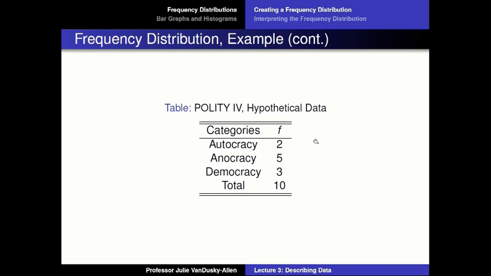In the second column, you write the letter F as the column title. Then you write the number of observations in each category and then add the total number of observations at the bottom. As you can see, there were 2 autocracies, 5 anocracies, and 3 democracies in this data set for a total of 10 observations, which you write at the bottom here.